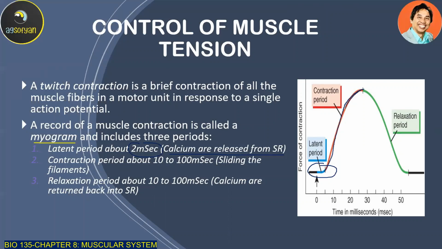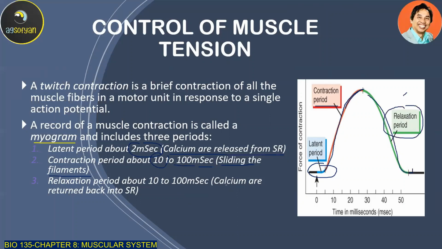The contraction is when the sliding filaments are actually happening. When the myosin pulls the actin, causing this contraction period, it usually happens around 10 to 100 milliseconds. And then after that, boom, going down, is this relaxation period.